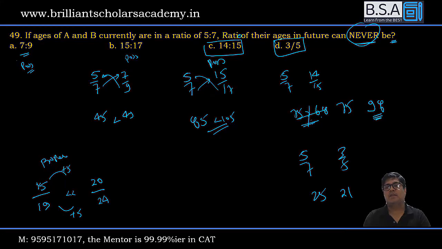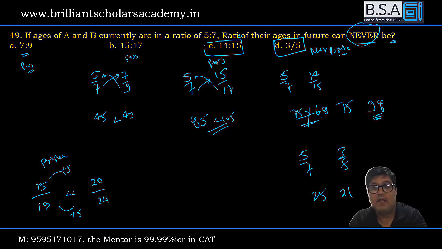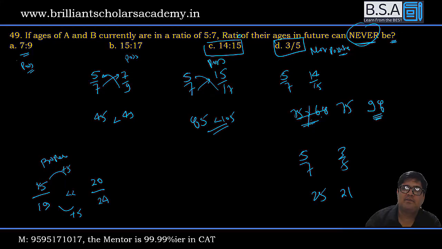This is not possible, guys. The last one is not possible. All ratios cannot increase. If all ratios are increasing, then the increase or the gap needs to be a natural number. D is the answer, guys.